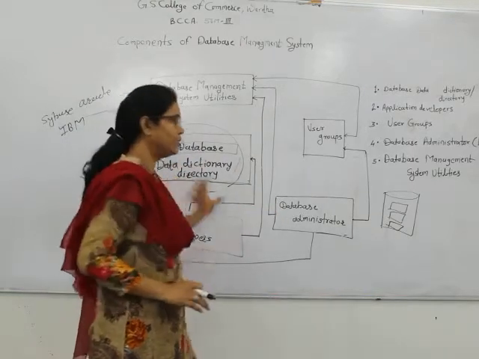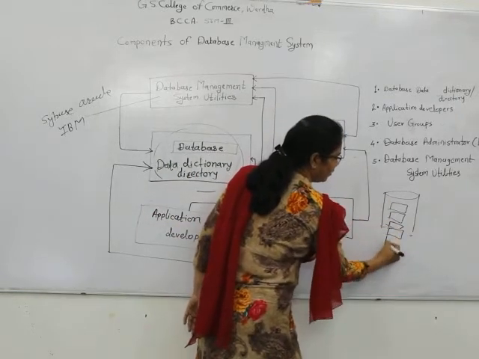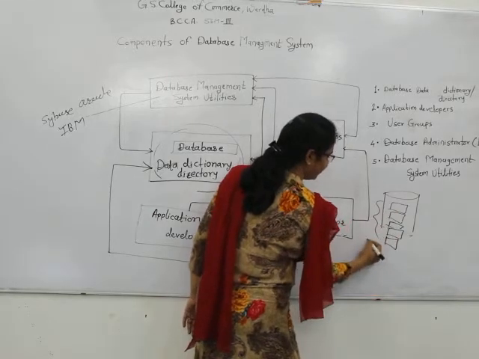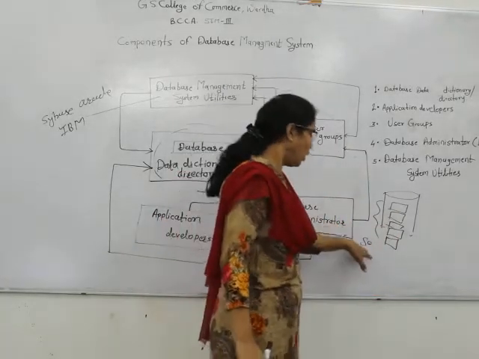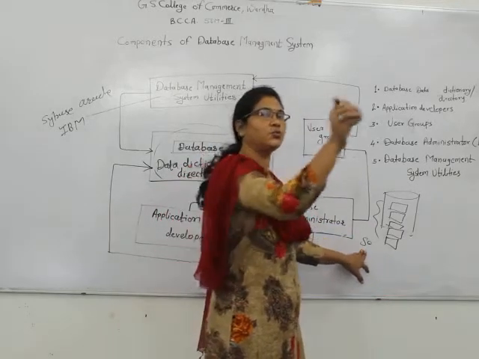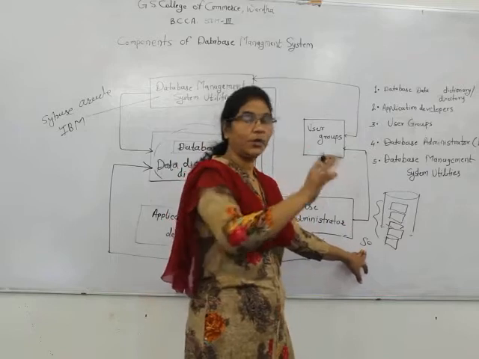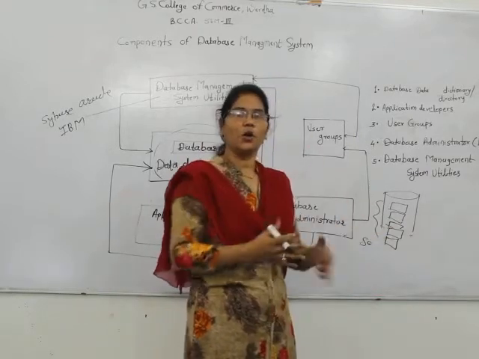Data of the data means, suppose I have 50 tables in my database. Among those 50 tables, which table is used for the product or which table is created for the raw material?